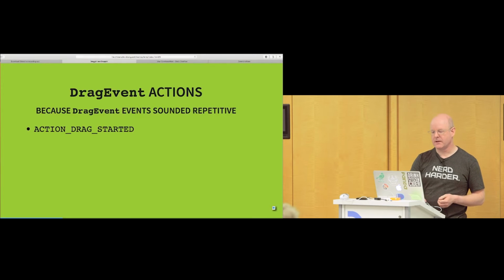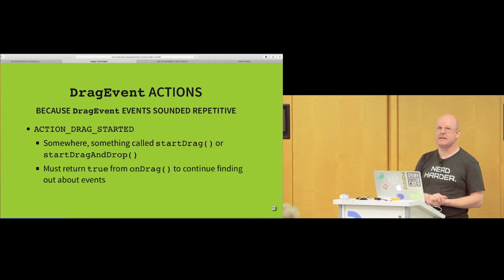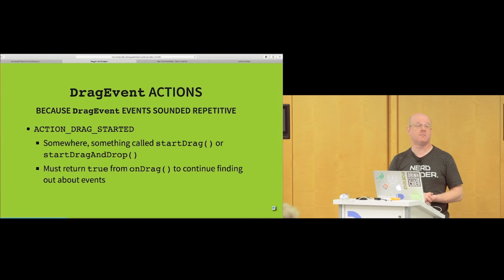Action drag started says that something called start drag or start drag and drop, and you are a candidate drop target. You need to look at the data associated with this drag event, such as the MIME type of the content, and return true if you wish to continue being considered a drop target. If you return false from onDrag, you're saying, yeah, okay, I don't know how to deal with this particular thing, I'm just going to ignore it, and you will not receive any more drag events related to this particular drag and drop operation.